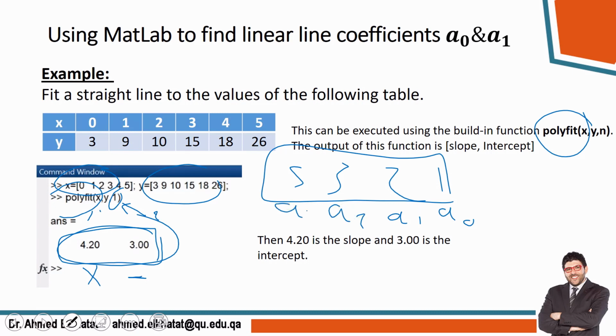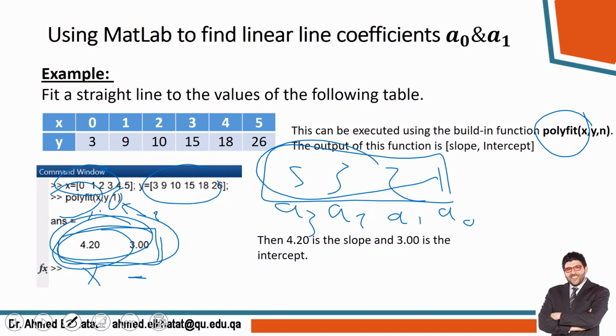So it's in the inverse way. Make sure, because maybe I give you this answer and ask you to create the equation, so you have to make sure the equation is in this order.